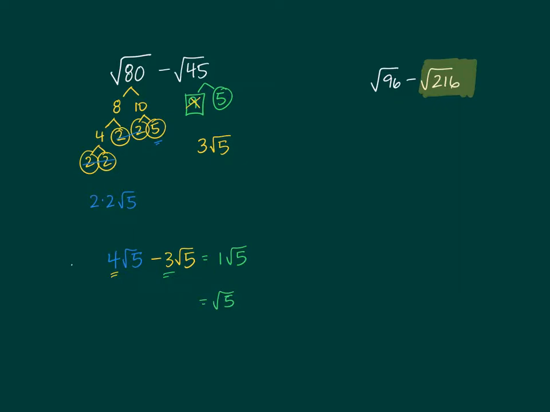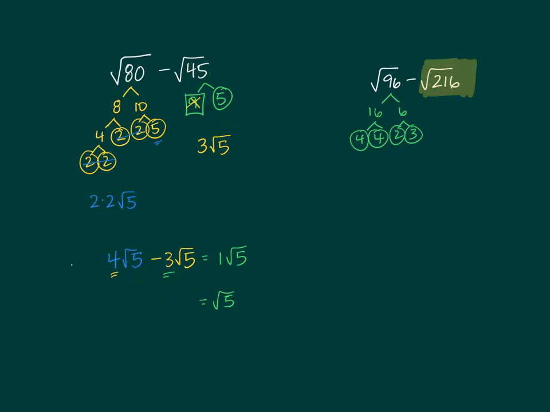So let's start by simplifying again. The square root of 96, you can split it up lots of ways. I'm going to do this one quickly, and I'm going to say that it's 16 times 6. And I know that 16 is 4 and 4, and I'm going to stop because I have a pair of numbers. And 6 is 2 and 3, so it's not going to be super helpful.